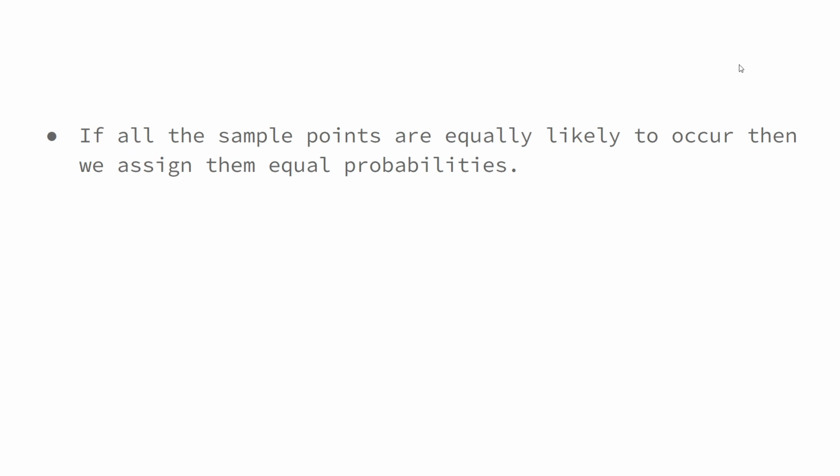So in that case, we assign the probabilities as half for head and half for tail, 0.5 for head, 0.5 for tail. Another example is rolling a die. If the die is a fair die, then each of the point values can come up equally likely, right? So in that case, we'll give 1 by 6 for each of the 6 points.